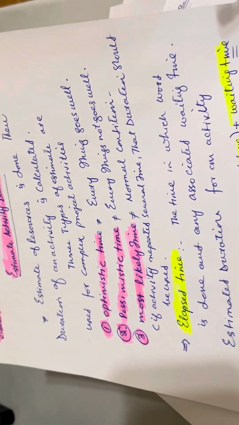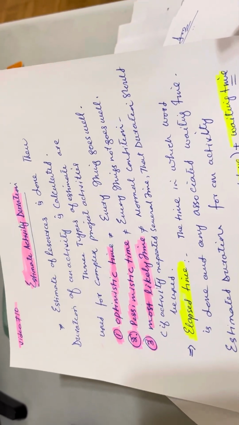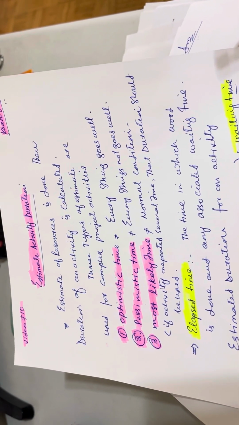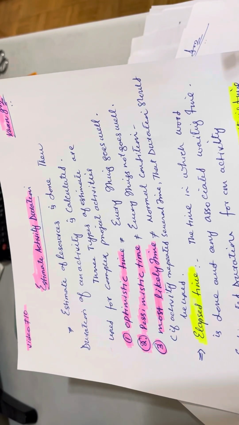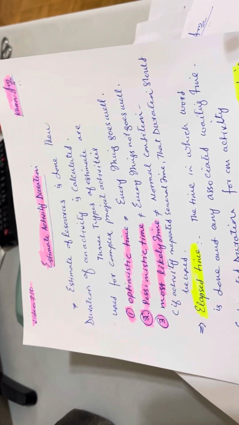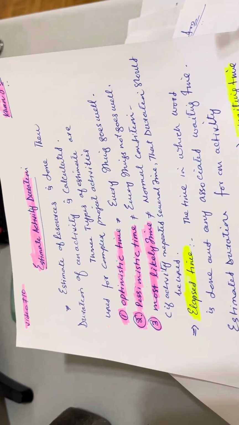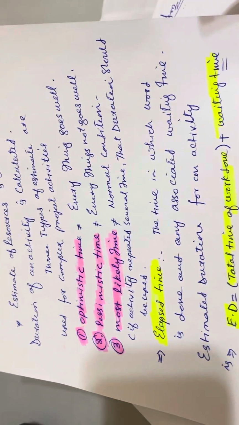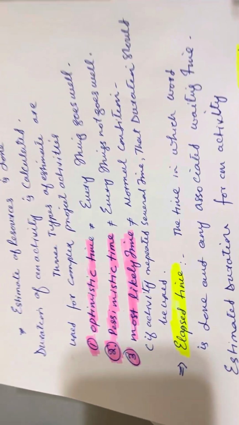If there is a repeated activity that takes about the same time, let's say it takes 11 days in one project, 10 days in another, then 12 days, then 13 days, so these, like 11, 12, 10, are in the range of normal condition, which is actual.